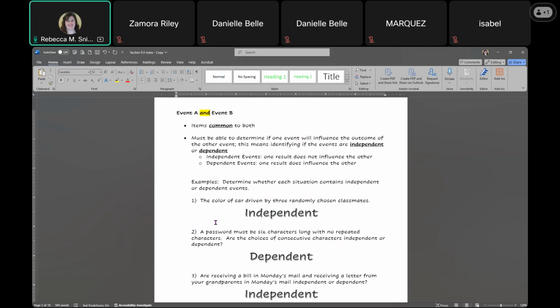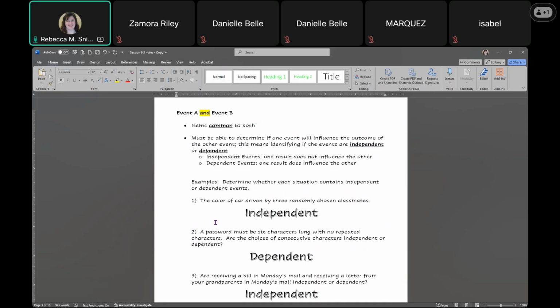Does the fact that I picked a blue car have any impact on whatever vehicle you pick to drive? I'm going to assume the answer there should be no. So it is independent because it doesn't matter what I chose, you're going to make your own decision. So the fact that I was, say, event A, where I picked my blue Acura RDX to be my vehicle of choice, has absolutely no influence on the fact that you drive whatever color and vehicle you picked. Okay, that's independence.